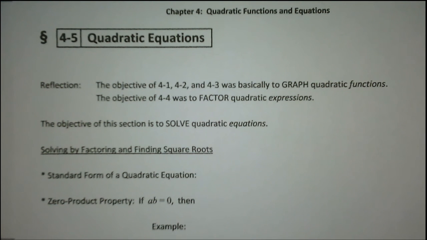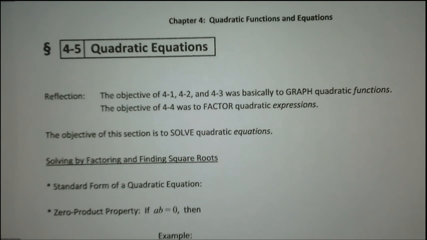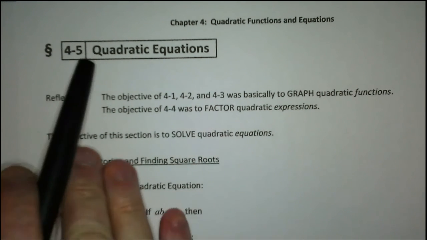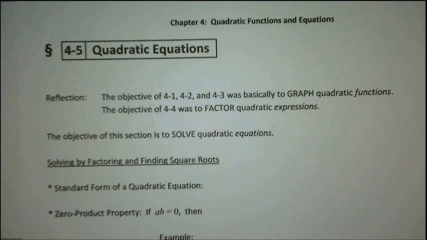We are really moving full speed ahead now. This is going to be the start of chapter 4. You'll notice right away that we're starting off with 4-5. So we're going to be going in kind of unorthodox, I don't know if that's the right word, but a sequence that's not really going to match the book as far as 4-1, 4-2, 4-3, 4-4.